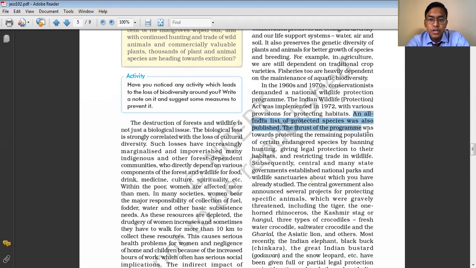The thrust of the program was towards protecting the remaining population of certain endangered species by banning hunting, giving legal protection to their habitats, and restricting trade in wildlife.